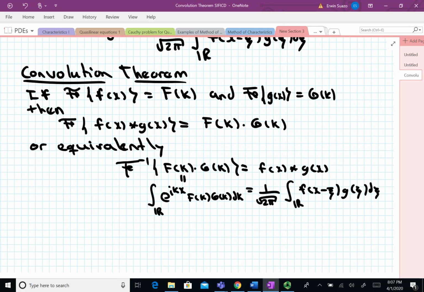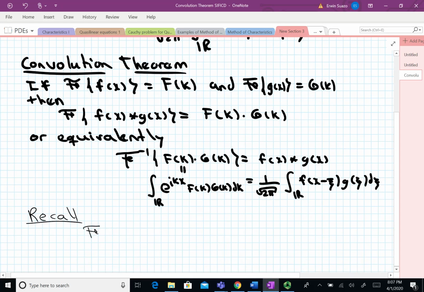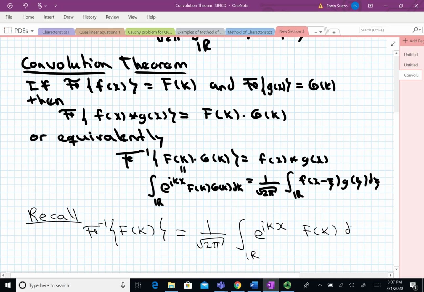Okay, so yeah, recall that, just to make sure people are following me, the Fourier inverse of f of k, we define it as 1 over the square root of 2 pi, integral over the real numbers of e to the i k x, f of k dk.